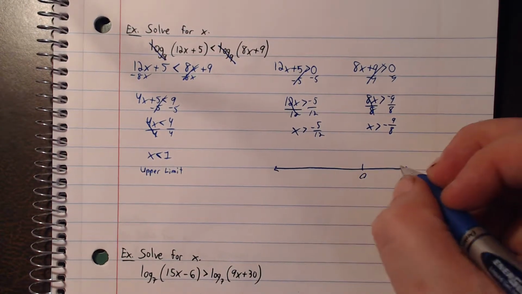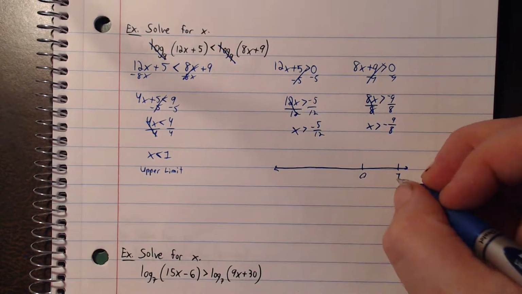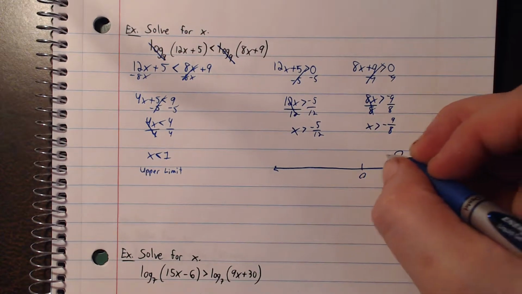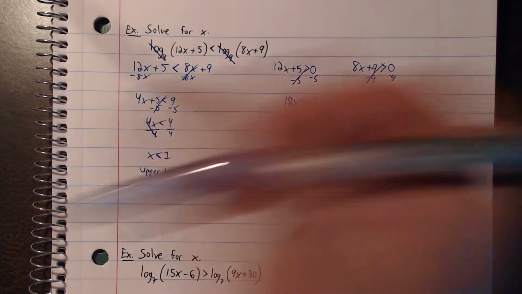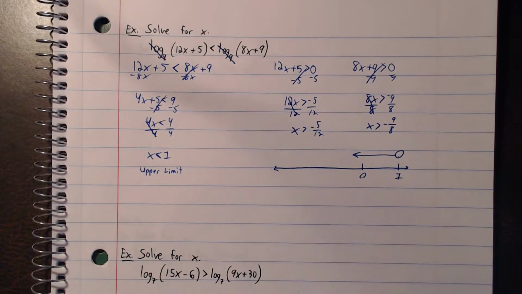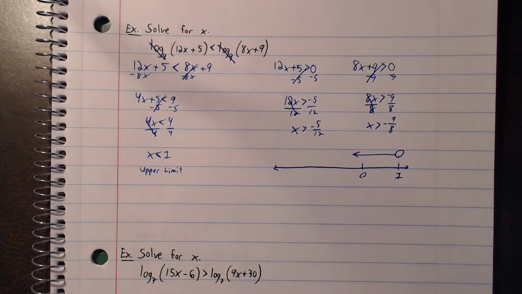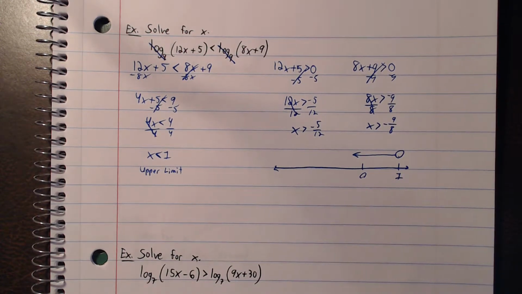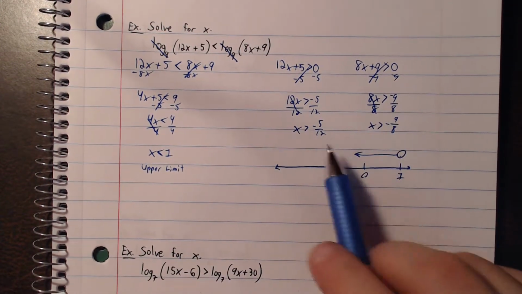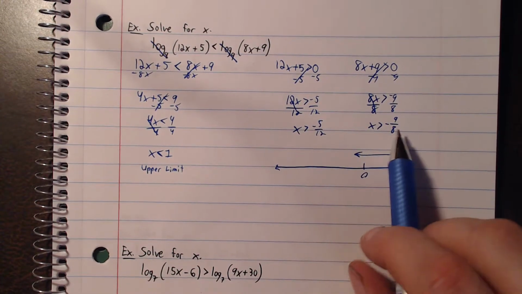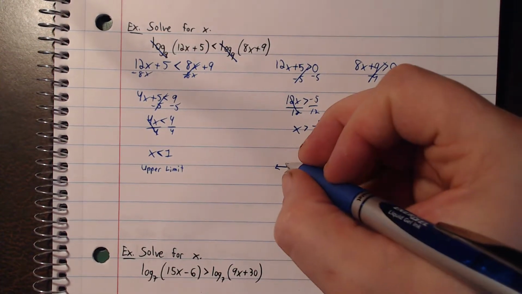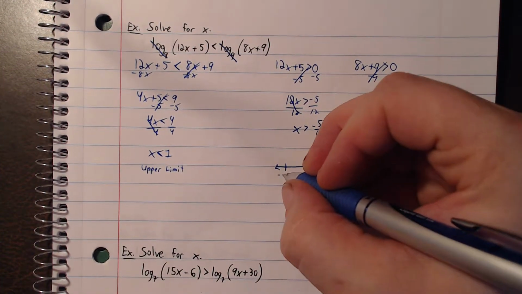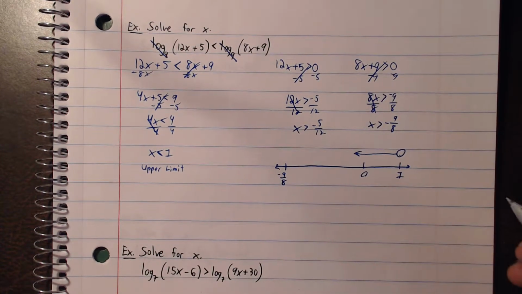Here's 0. We know our upper limit is 1, so we're going to include everything from 1 down. But now we've got to figure out which one of these two we're going to actually use, and we want the one that covers the overlap. Here's what I mean. If we plot these two, negative 9 over 8 is a little bit more than negative 1, so it's over here.